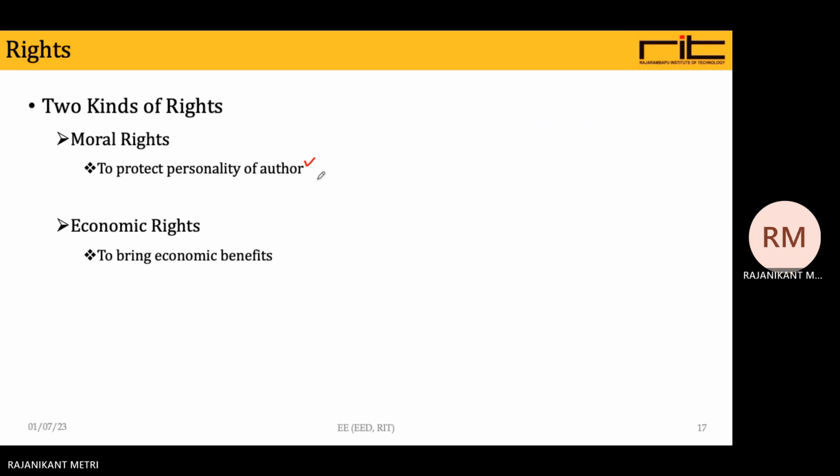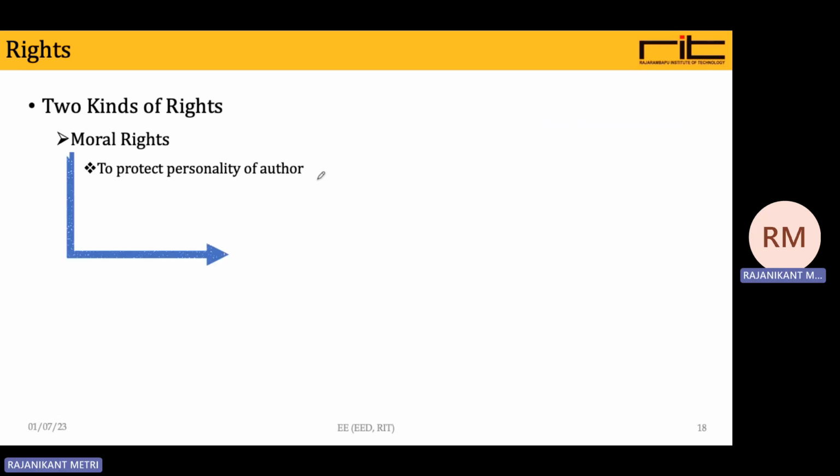So there is one right, that is moral right, and another is economic right, that is one can get economic benefits from the use of that right. So that is economic right. So we'll see one by one.